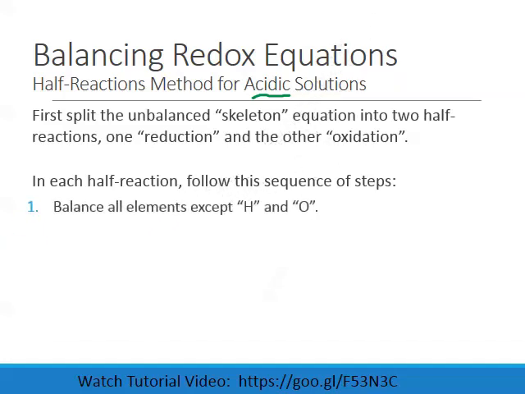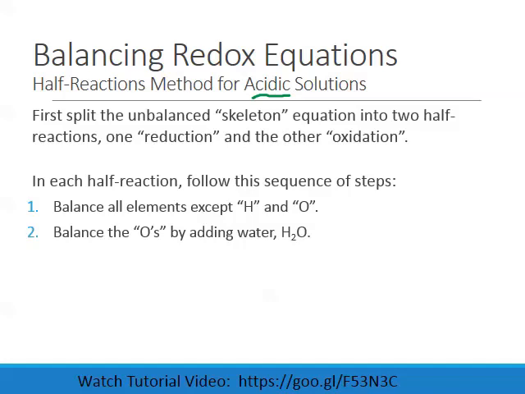So the first thing we'll do is, just like in earlier grades, balance by inspection all elements in the equation other than hydrogen and oxygen. So if there's any other elements besides hydrogen and oxygen, balance them the way you've always done by counting atoms and putting appropriate coefficients in. Then turn your attention to the oxygens.